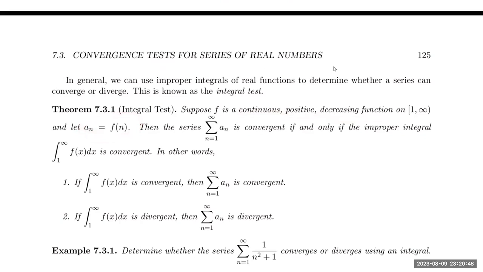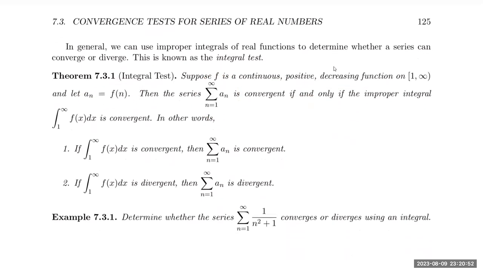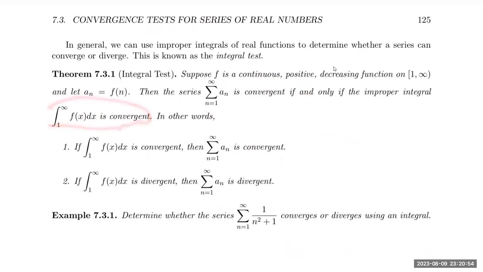Then the series is convergent if and only if the improper integral here is convergent. Meaning that if this integral converges, then the series also converges, or if this integral diverges, then this series will also diverge.